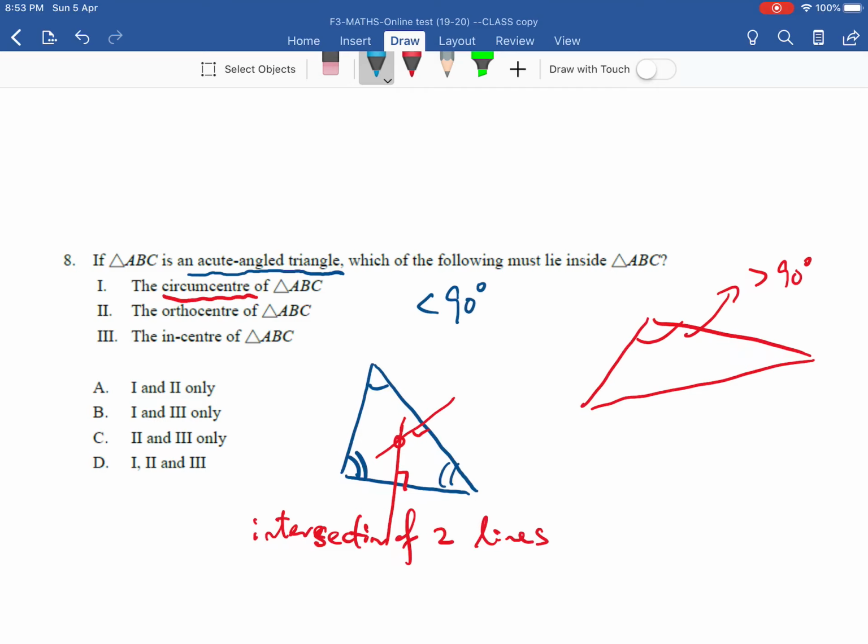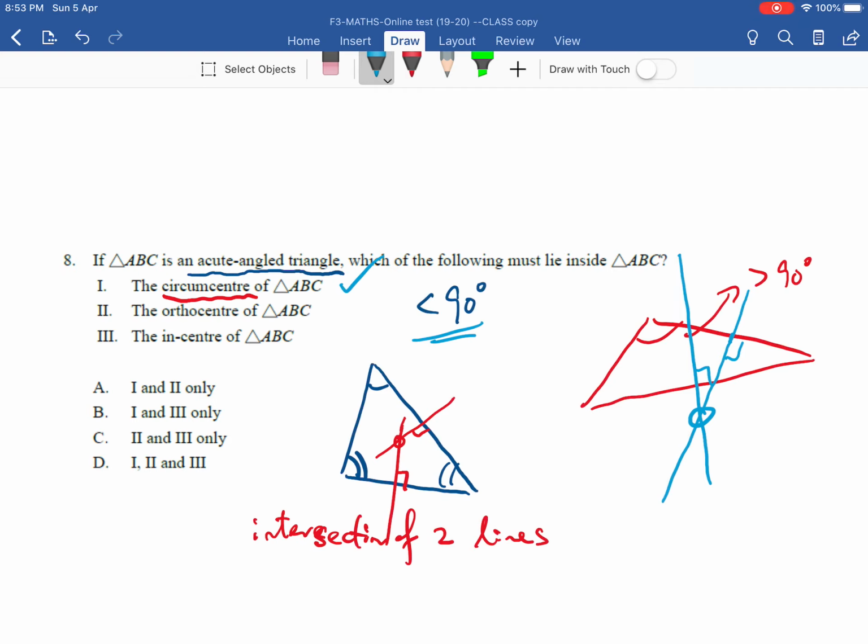If this is an obtuse angle, with this perpendicular bisector, and this perpendicular bisector here, you see the center lies outside. But we are talking about this case, so this is correct.